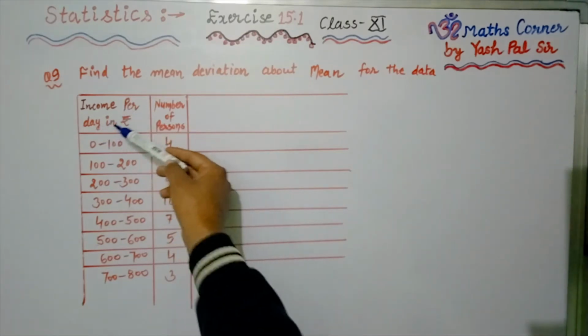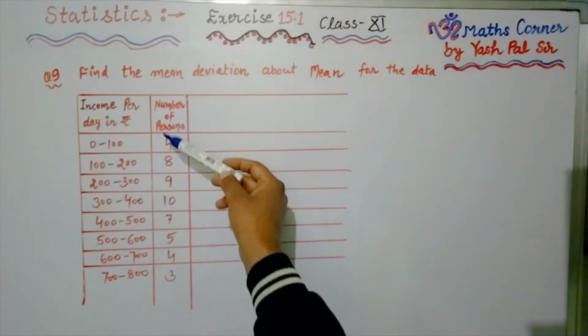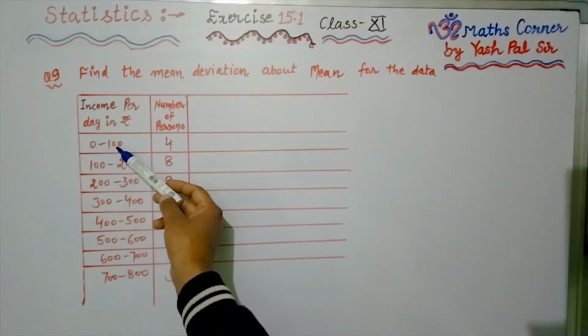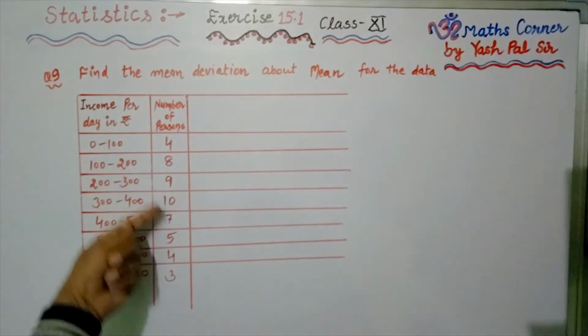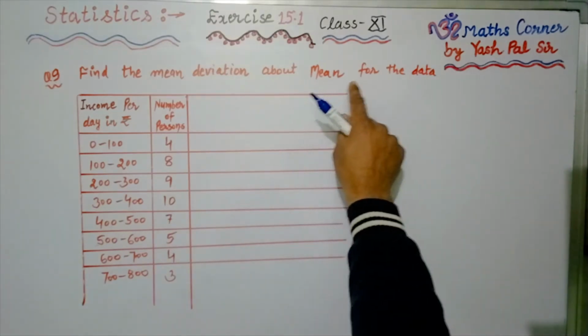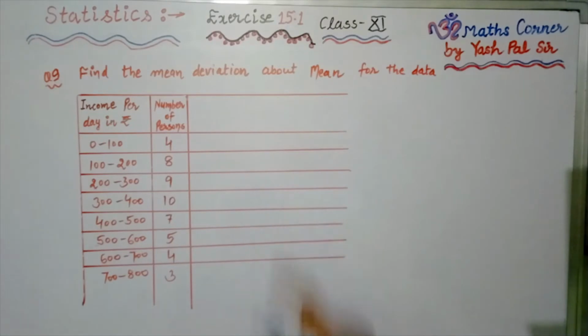This is the income per day in rupees. Number of persons: 4 persons having the income from 0 to 100 rupees, etc. This is mentioned here. Okay, how to find mean deviation about mean?